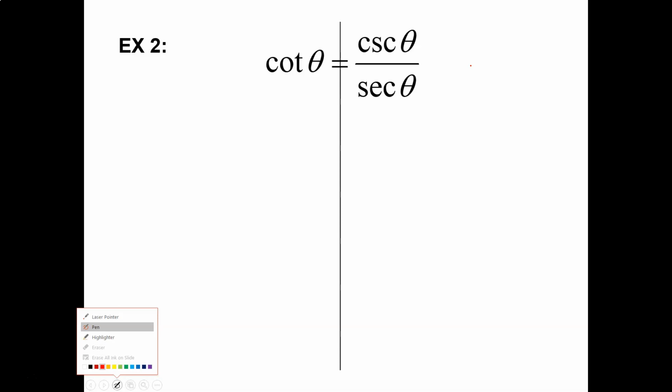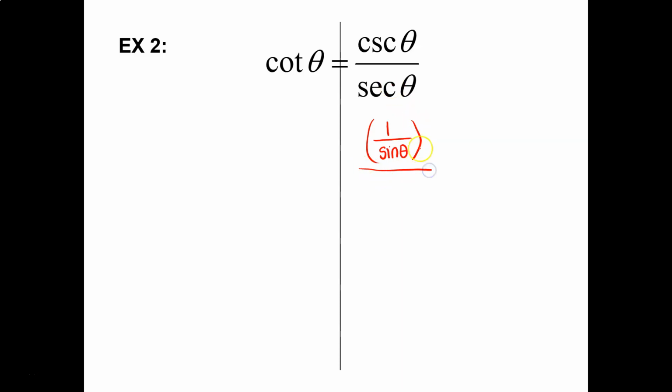And in general, secants and cosecants are just going to give you problems. This is not a Pythagorean identity because you don't have any squares. I would probably go with making cosecant 1 over sine theta, and then making secant 1 over cosine theta.